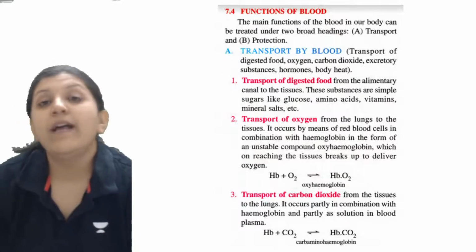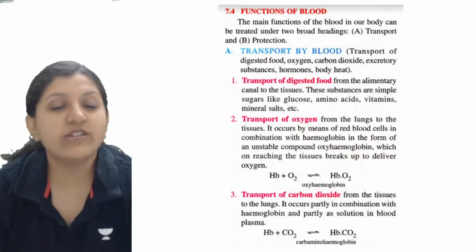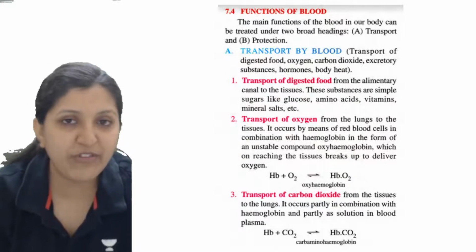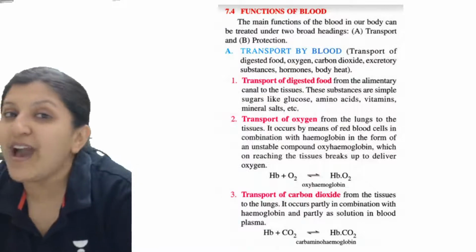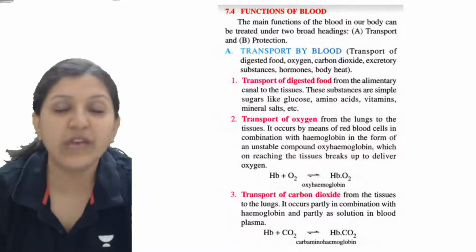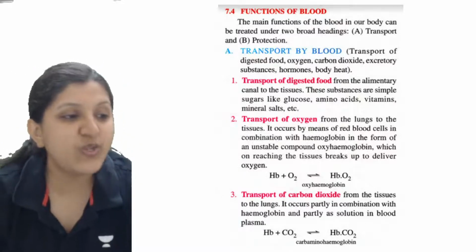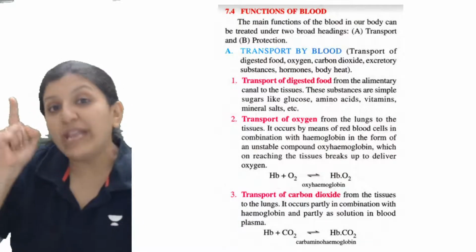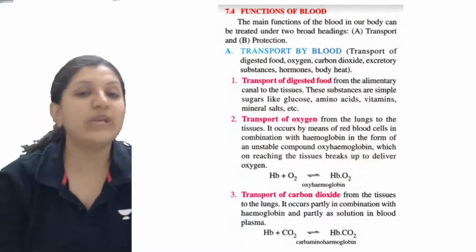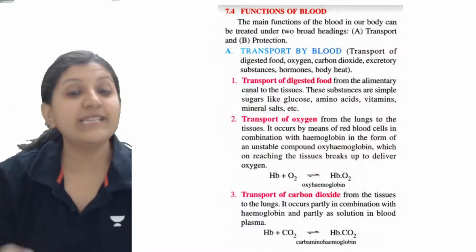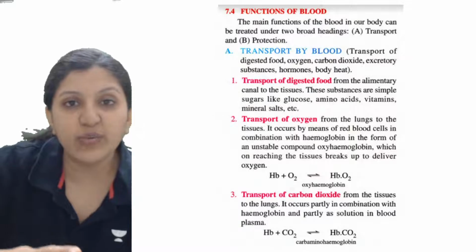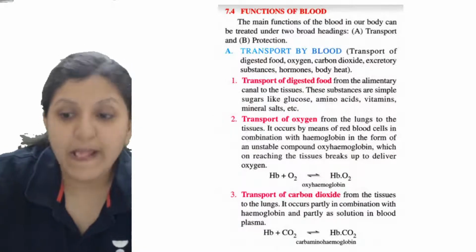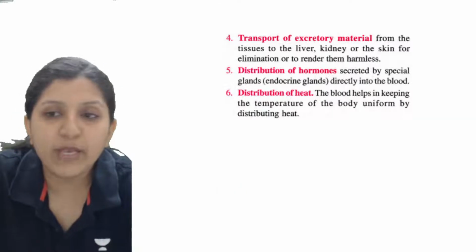The product is not carboxyhemoglobin. A lot of them will make a mistake here. It is carbaminohemoglobin when carbon dioxide combines with hemoglobin. If it is carbon monoxide combining with hemoglobin, then we call it carboxyhemoglobin. So the product here is carbaminohemoglobin.